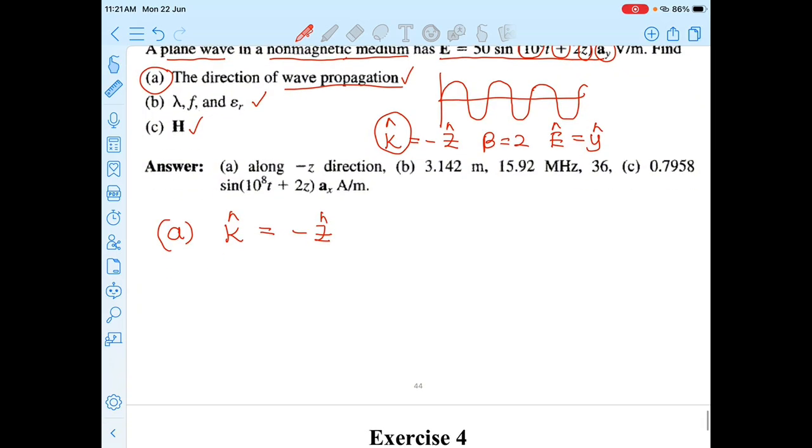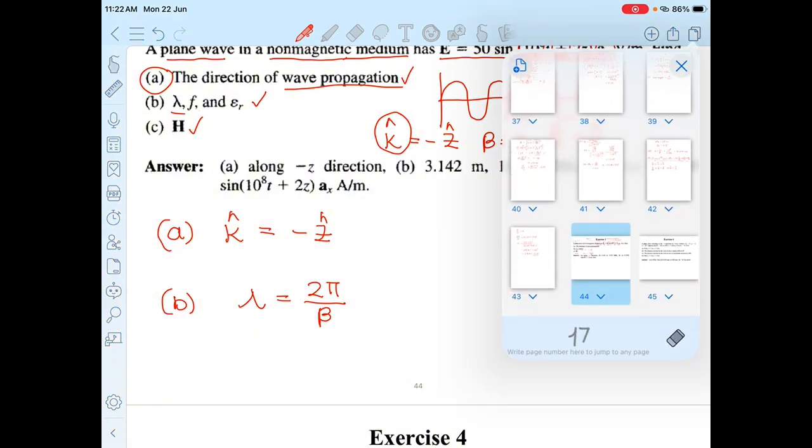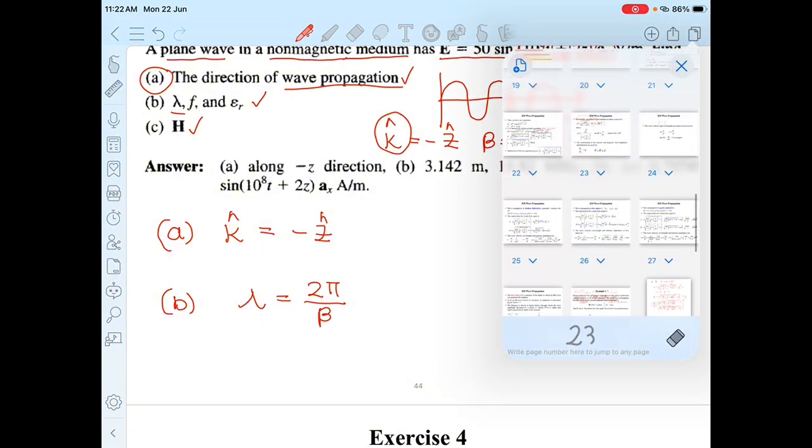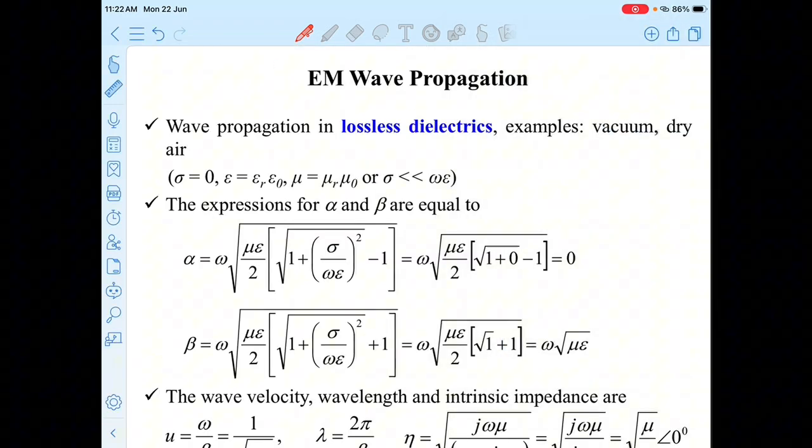Next will be the lambda. How do we find the lambda? You can find it using this formula: lambda equals 2 pi over beta. If you're not familiar with this equation, let us move back to the lossless dielectric.